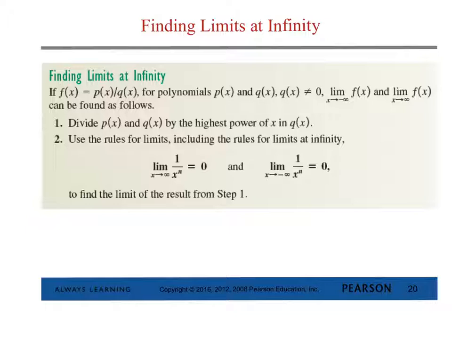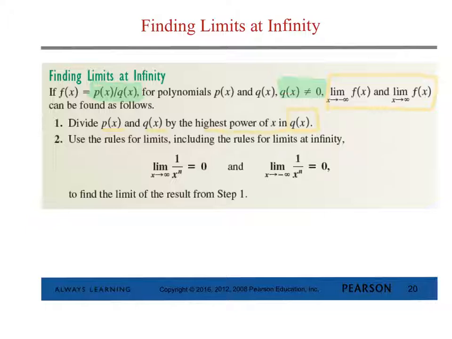Basically, it says that if you have some function that is the quotient of two other functions, and those two functions are themselves polynomials, as long as q of x is never equal to 0, that's very important, q of x can't be 0, then you can take the limit as x approaches infinity or negative infinity of that function by dividing p of x and q of x by the highest power of x in the denominator.